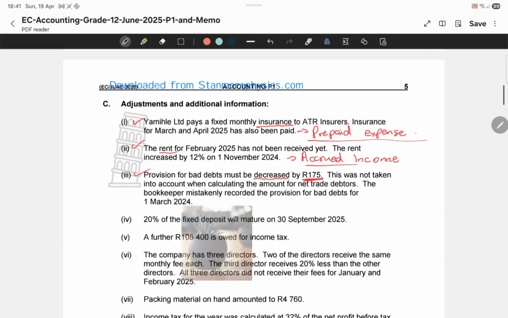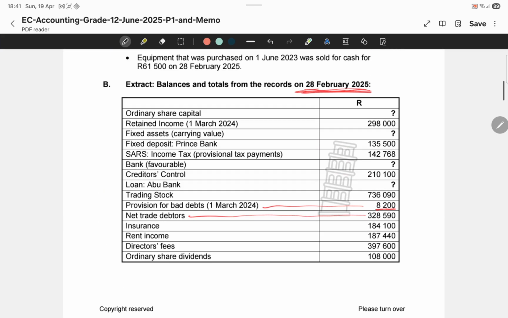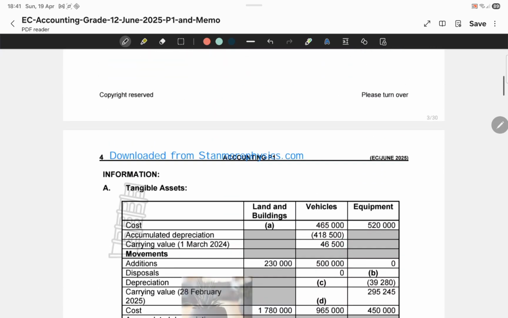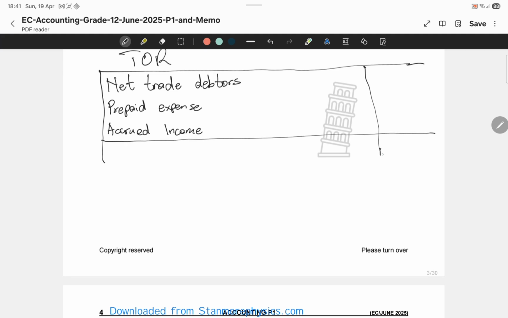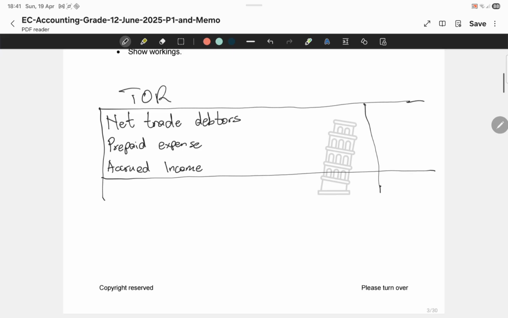We have prepaid expense. We also have accrued income. Okay. Now, let's start with the net trade debtors.